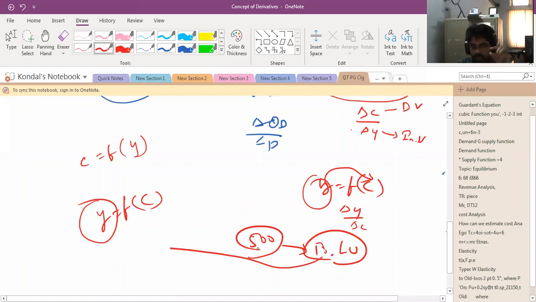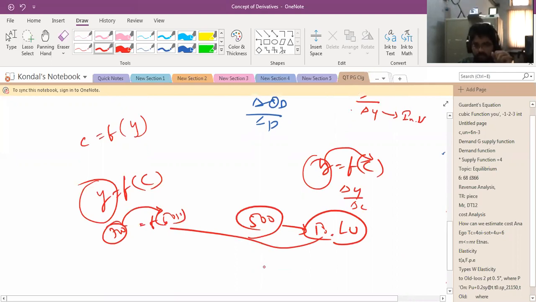If they spend 500 rupees, they will get 700 rupees income. So 700 is a function of 500. It means this 700 depends on their consumption. If they spend only 200 rupees, will they get 700 rupees?